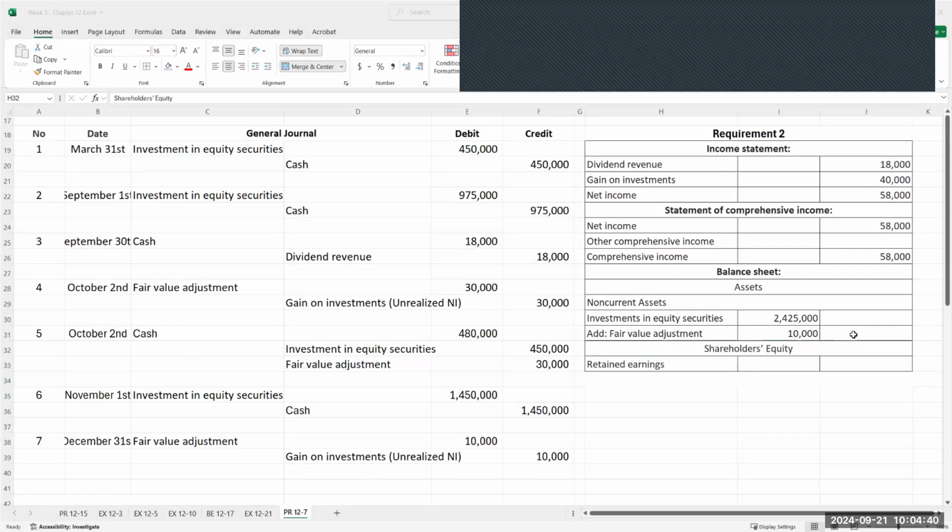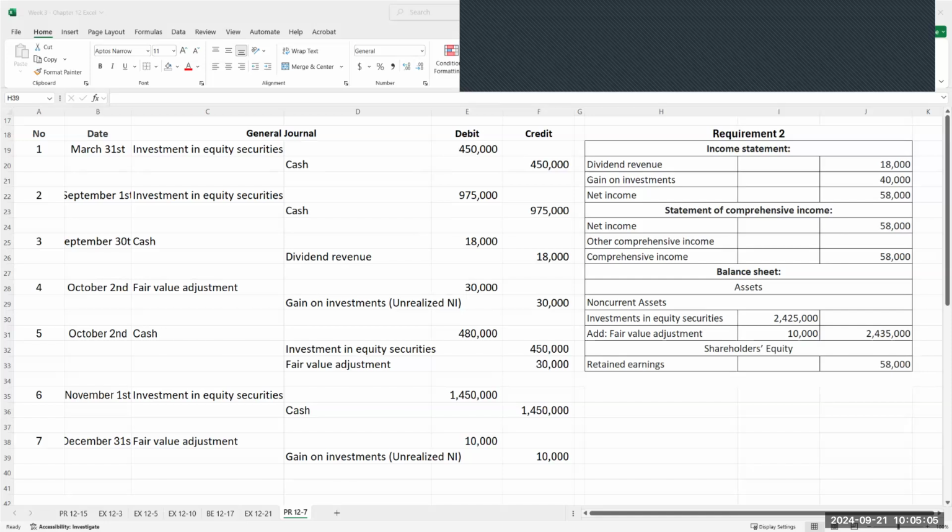So when we net the two, 2,425,000 plus our fair value adjustment, which is the positive 10,000 left over, then our next step that we need to account for is, well, what is our retained earnings? Our retained earnings stems from our comprehensive income.